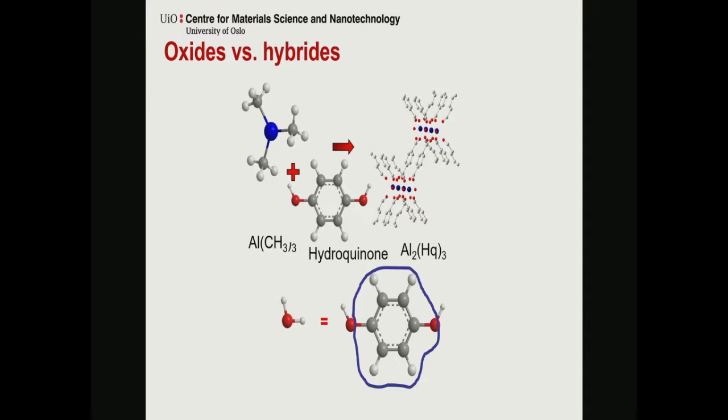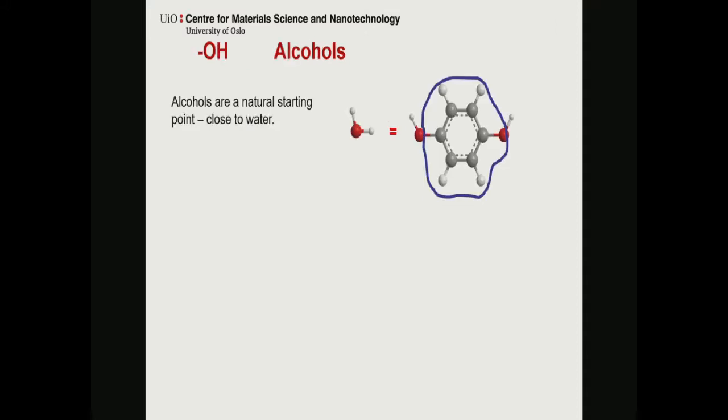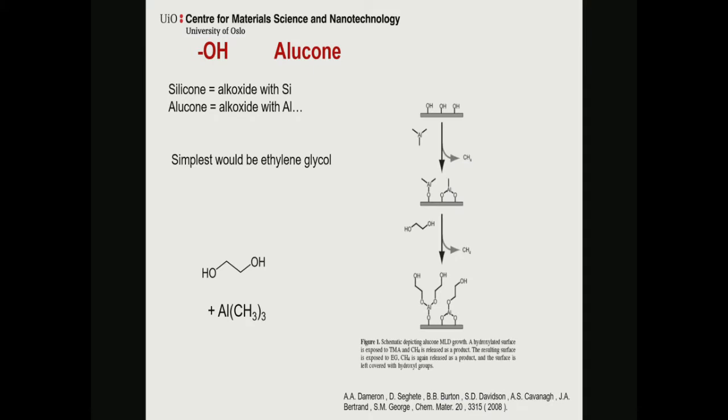Great. Let's go a bit into the chemistries here. So we have here the alcohols. The alcohols were the first that were explored. They're a natural starting point because they are so close to water that, yeah, they're there. Some of the first nice descriptions of them use ethylene glycol.